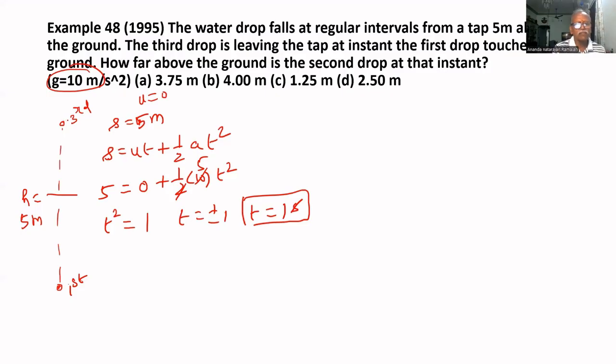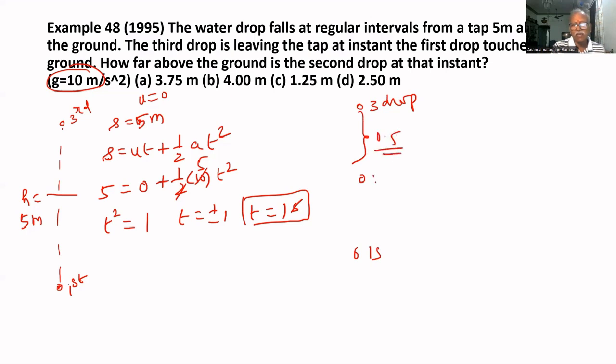It means that in the middle, the second drop came. Out of a total of 1 second, it came at 0.5 seconds.